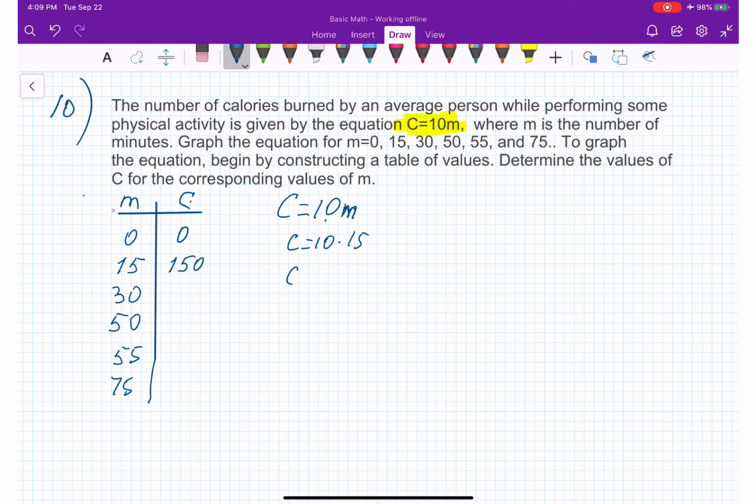C is equal 10 times 30, next one will be 300. And then we'll get 500, then 550, and we get 750.